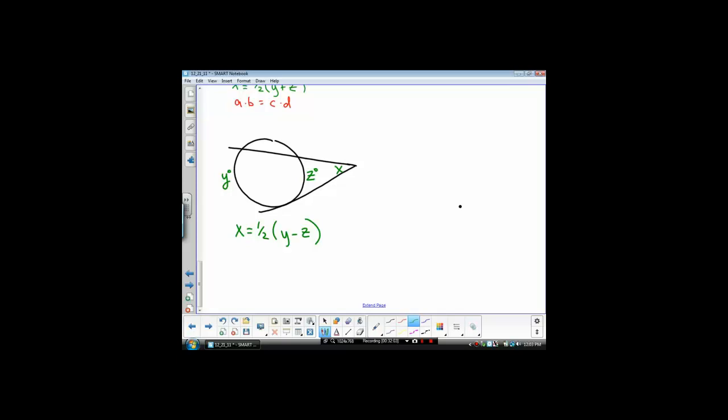And we know that the lengths of the segments, if this length is A, and this length is B, and then the tangent is T, we know that A times B equals T squared.